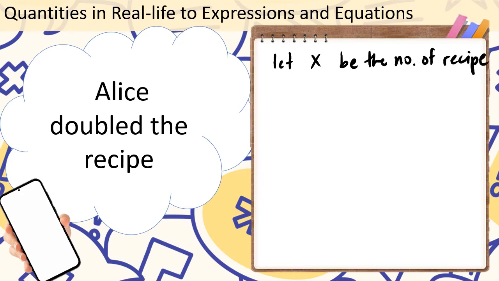Then sabi, Alice doubled the recipe. What do we mean by double? The double. So, that is 2 times yung recipe. 2x. See, imbis na sabing Alice doubled the recipe, we can just say 2x. See?